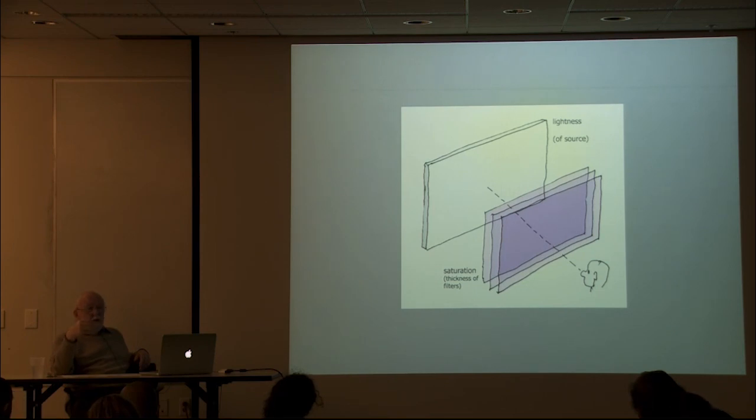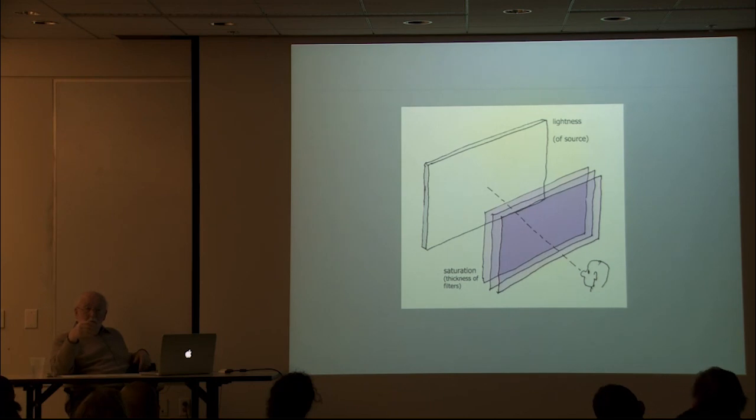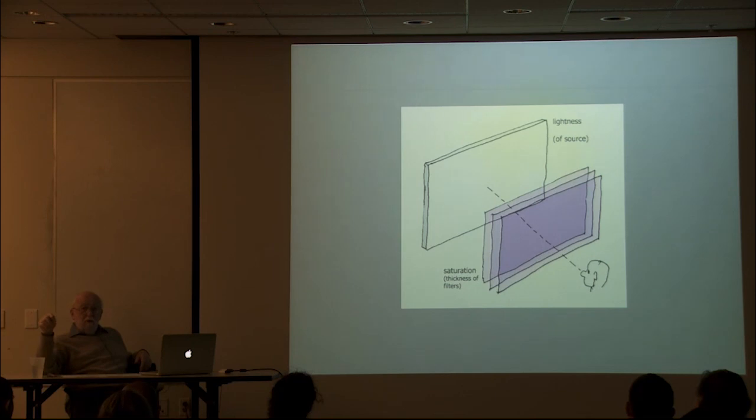So the lightness in the HLS part is a function of the original source of light. The hue is whatever color the filters happen to be, and the saturation is a function of how thick the wad of filters is. So I thought, well, I'm going to rewrite the whole thing in terms of if-then such and such, but the such and such is going to be an HLS definition instead of an RGB definition.